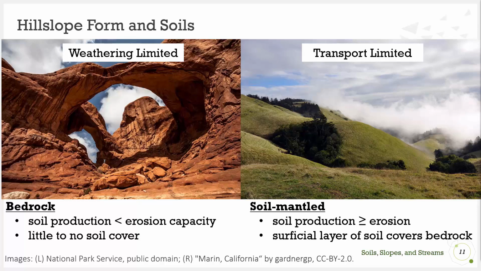The presence of soil here means that the soil weathering and production can keep up with the pace of erosion or even exceed it. Erosion in this system is often referred to as transport limited. As there's plenty of weathered material, it's available for transportation, it's just not taken away. Here, slope form is controlled by the soil properties, erosion processes, and erosion rates.